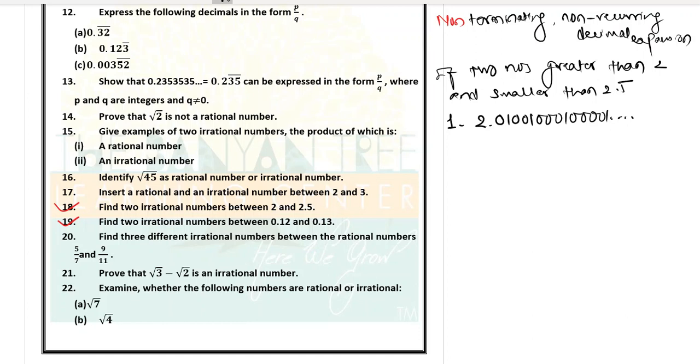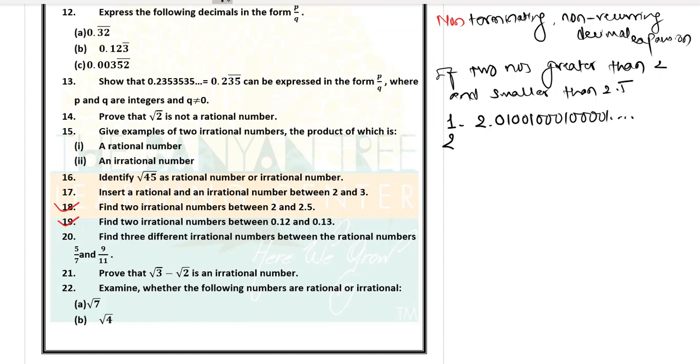So you can say that it is non-recurring. You will say, sir, 0 and 1 is always there. But look at the number of zeros. First there was 1 zero, then 2 zeros, then 3 zeros, then 4 zeros. So the number of zeros is increasing. That's why it is non-recurring, and non-terminating because it is never ending. So the first irrational number between 2 and 2.5 is this one.